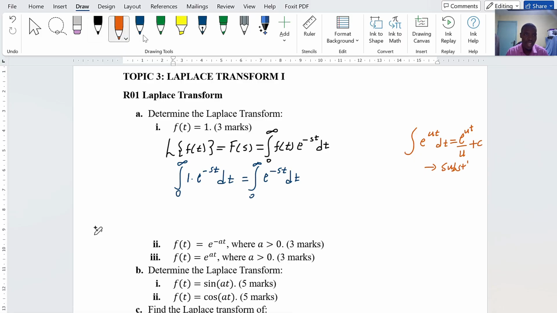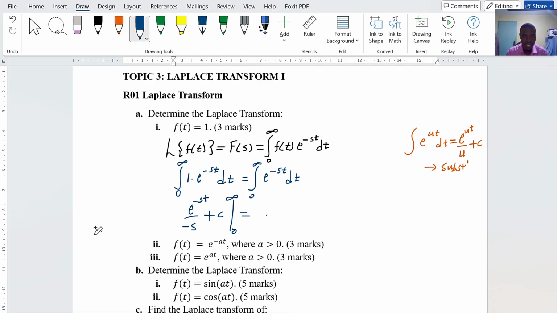Now we are going to apply the same here. Our integral will be e to the minus st divided by negative s, because that is what is in front of t, plus c, and then we are integrating from 0 to infinity.